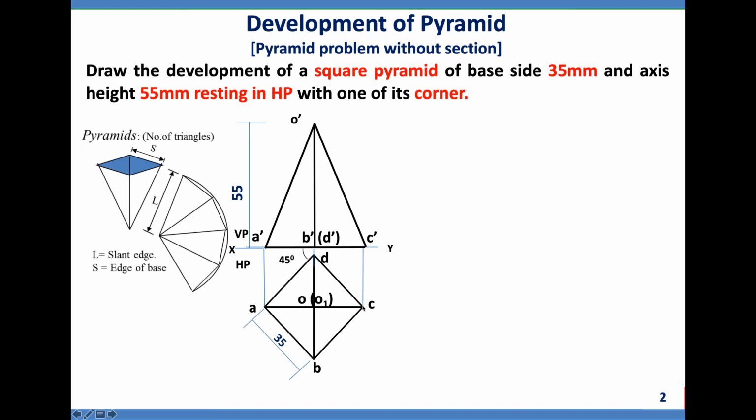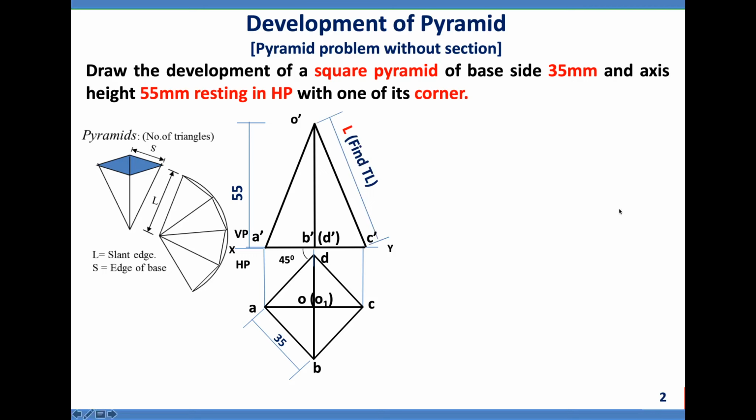Go to the top view. Its counterpart is OC, where you can see the movement of the cursor. OC is parallel to XY. When it is parallel to XY, then O dash C dash will be the true length. Then find the true length and designate it as L.